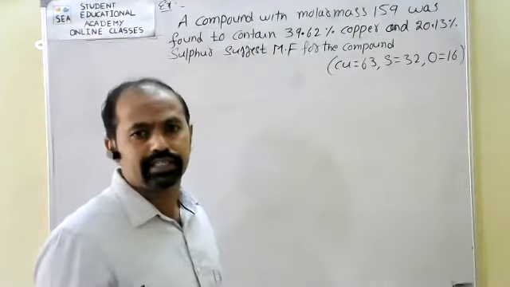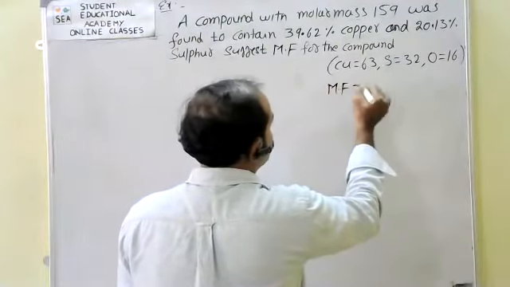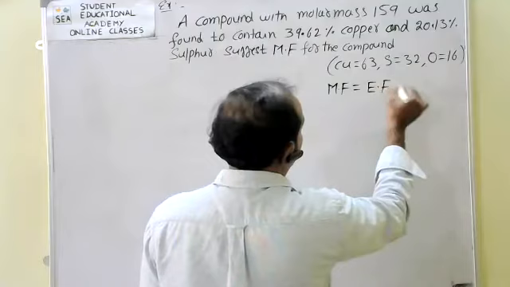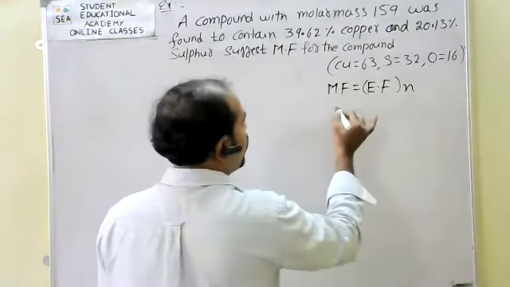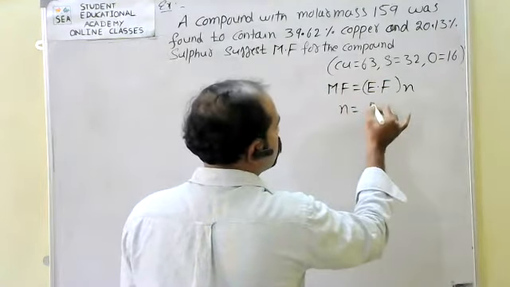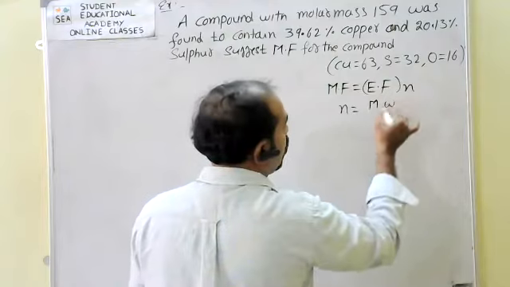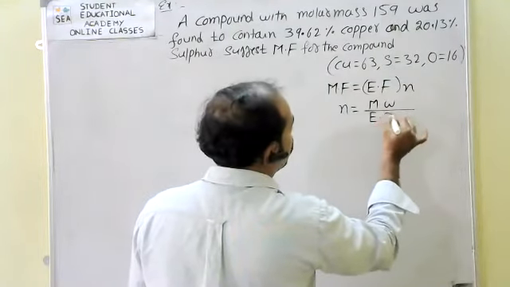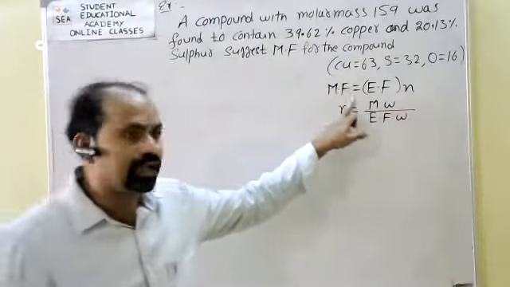One relation we know: molecular formula equals empirical formula into N, where N equals molecular weight or molar mass upon empirical formula weight. Based on that we can find the molecular formula.